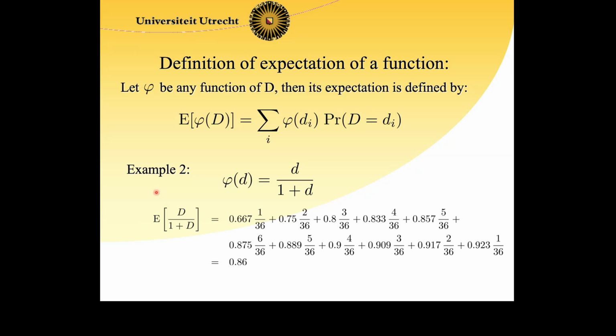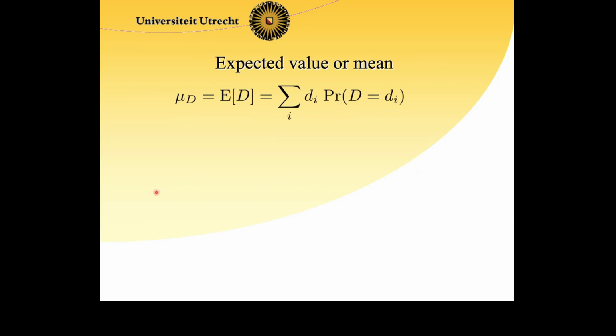Now, of course, the simplest function is simply phi equal to d, and then we get the mean. So the mean is the expected value of d: the sum of the outcomes weighted by their probabilities. This probability-weighted sum of the outcomes is the mean of the distribution.